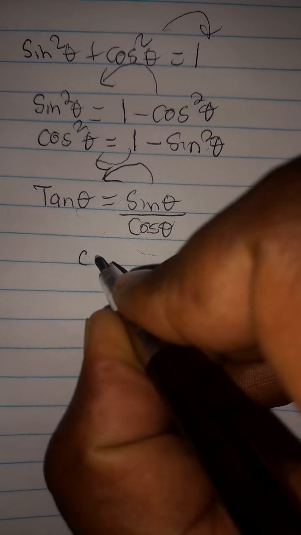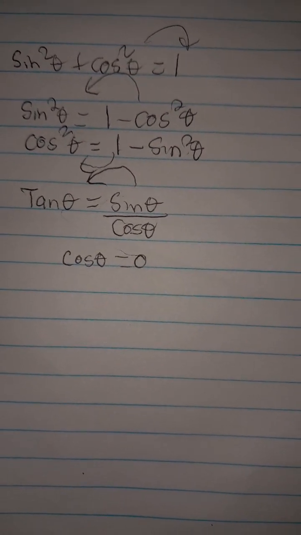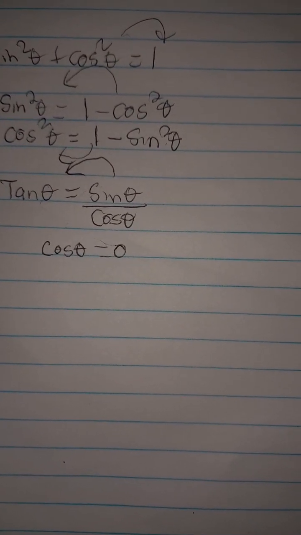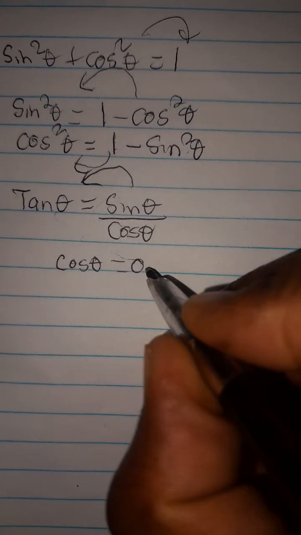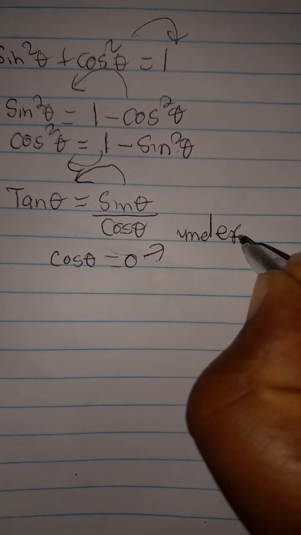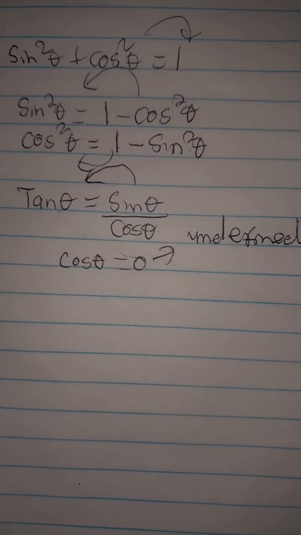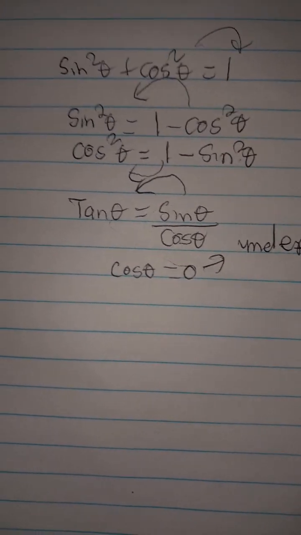It happens where cos is equal to 0. So if cos is equal to 0, just know that this is where tan is undefined. I hope Mr. Richard has explained that very well.